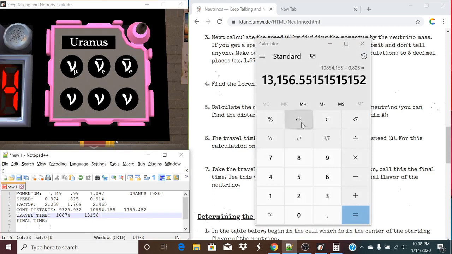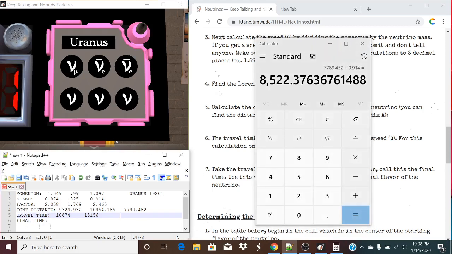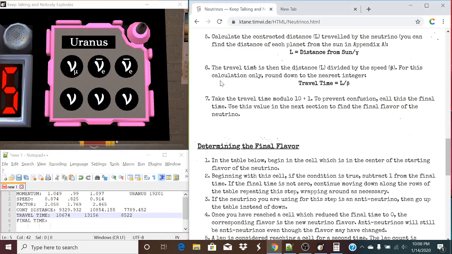Finally, 7,789.452 divided by 0.914 is going to give us 8,552.22, excuse me, 8,552. So that's our official travel time.